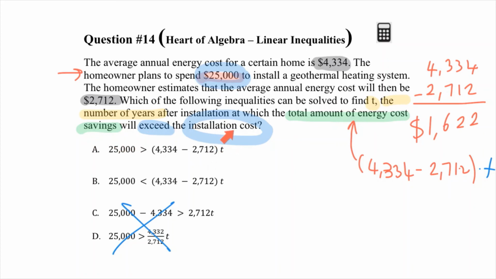It means that if you read this backward, the installation cost is going to be less than the total amount of energy cost savings. Here, if you look at B, 25,000 is less than the total amount of energy cost savings. So my correct answer for this question is going to be B. Thanks.